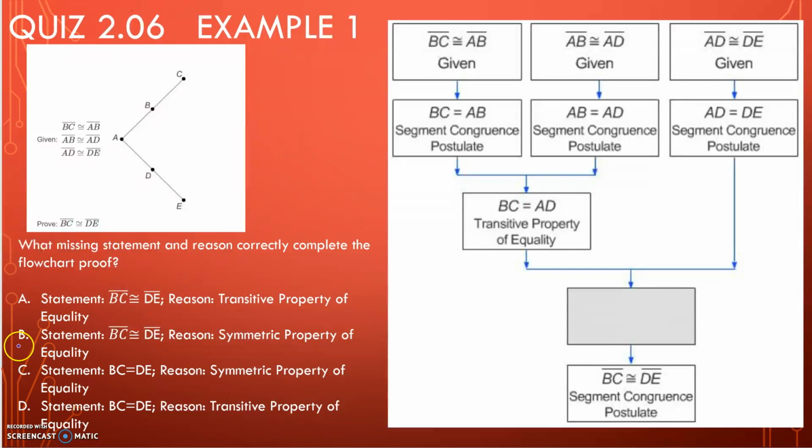So these two can't be it because those are saying that the line segments are congruent. This combines that the line segments are equal. So, and then we have symmetric property, which is not it, it's the transitive property.